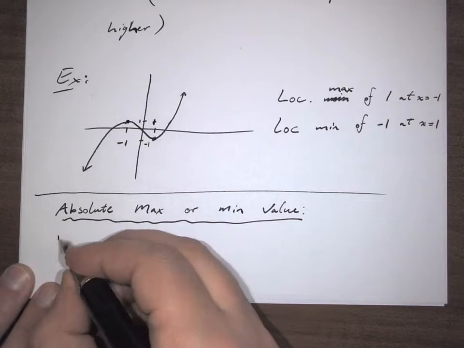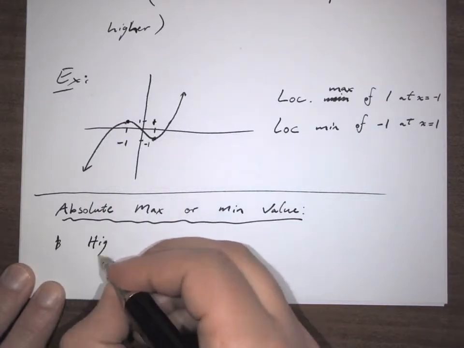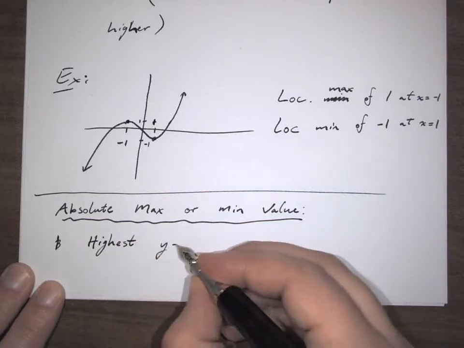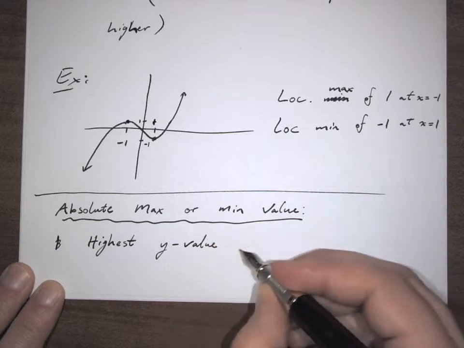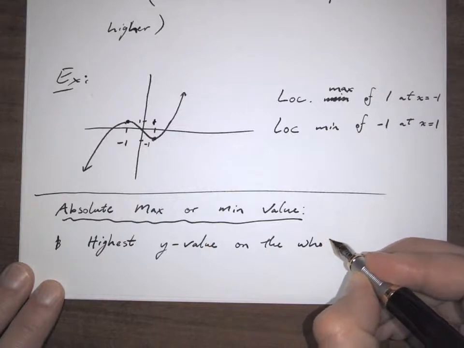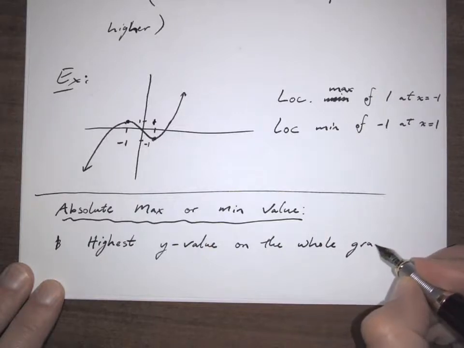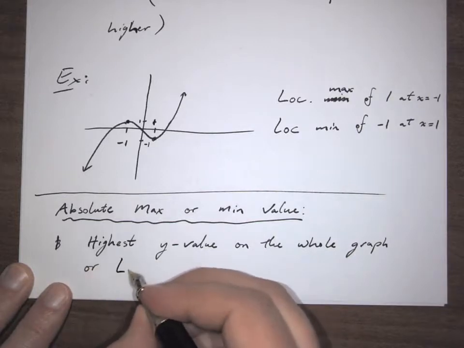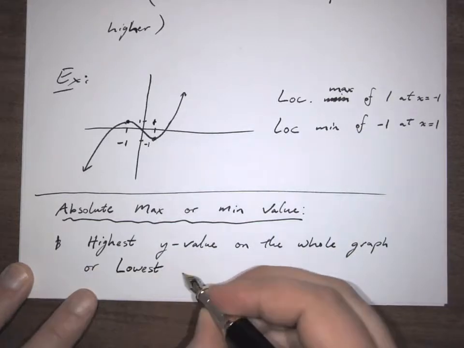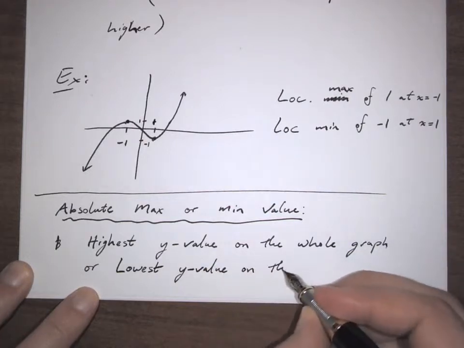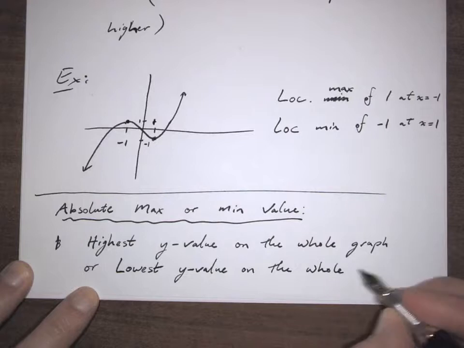So these are the highest y value on the whole graph, or lowest y value on the whole graph.